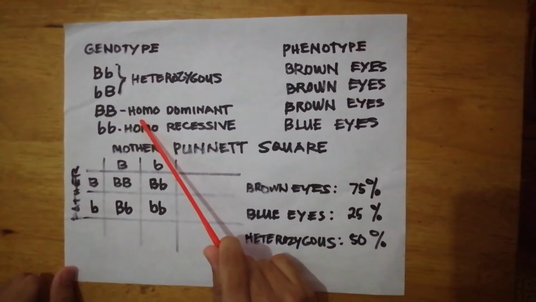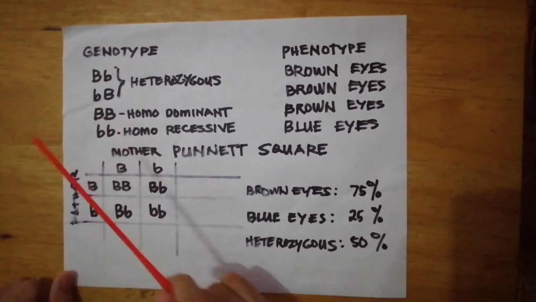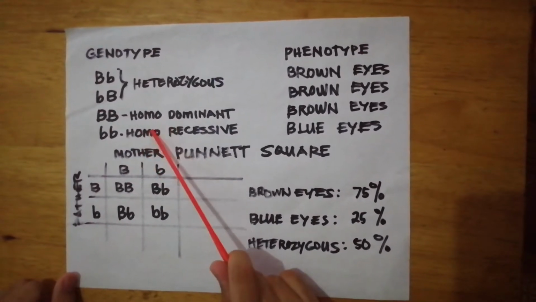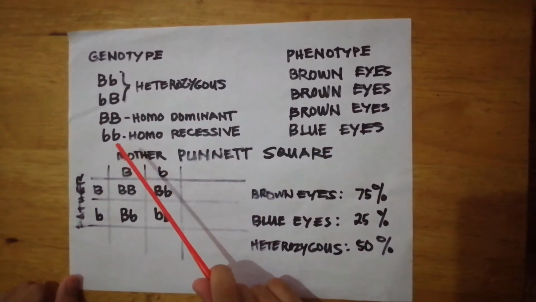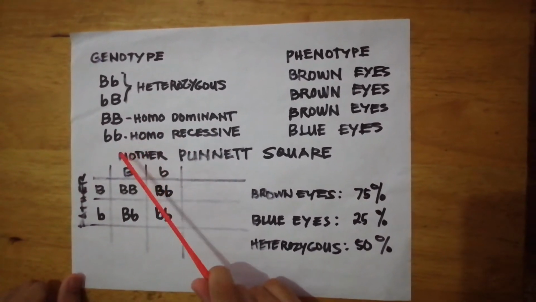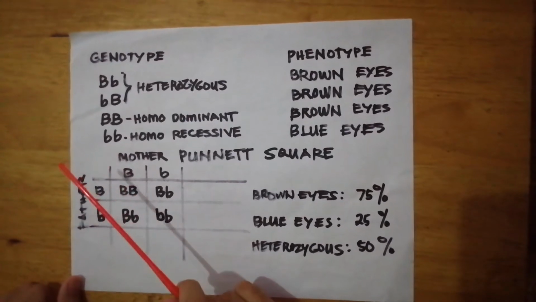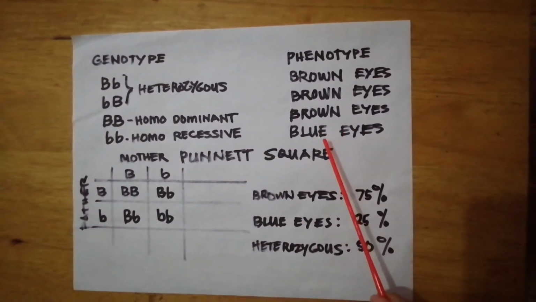We have here the homodominant, two dominant alleles, it will also code for brown eyes. We have another, homo-recessive, from the word homo, which is the same, two recessive alleles. It will code for blue eyes.